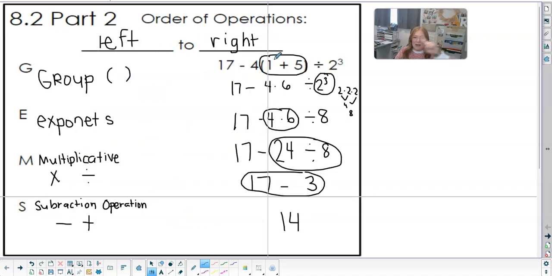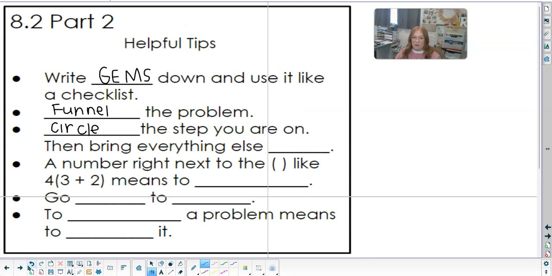Every time we circled the step we were on, groups, we did it. Now I didn't bring down the 1 and the 5. I already used them. So that helps us keep track of what we've used. And then bring everything else down. Perfect. So we circle what we used, do it, and bring everything else around it down.